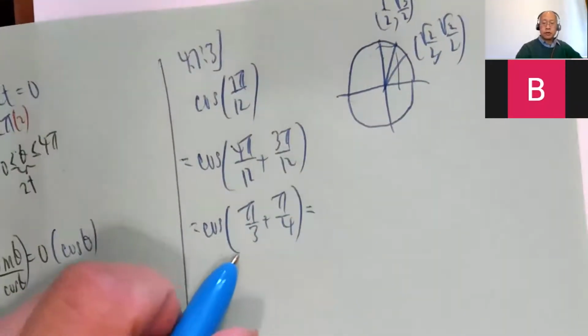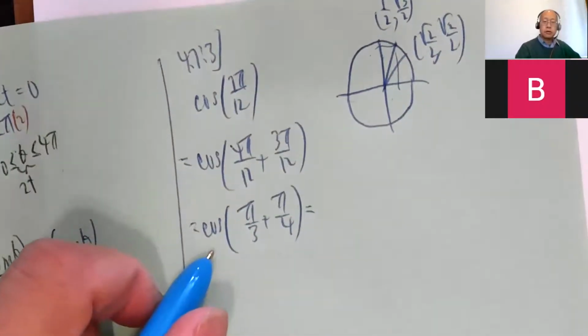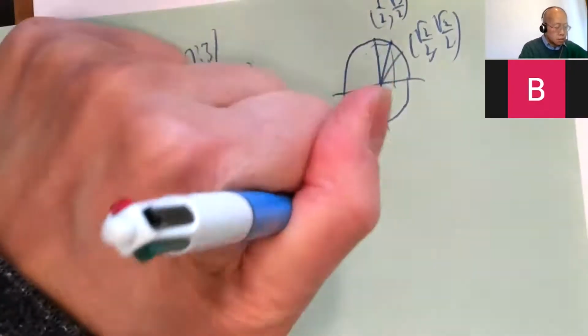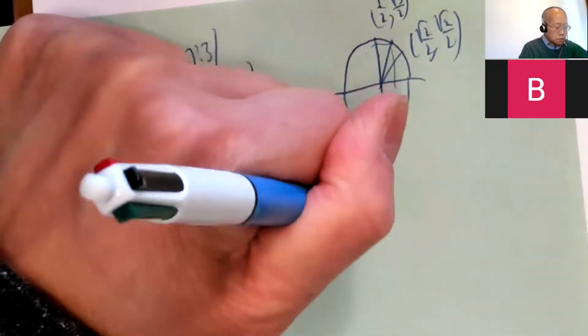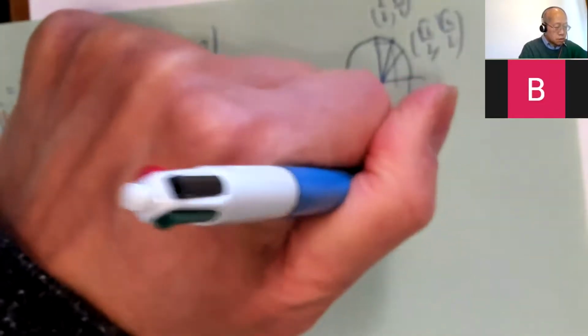And then I use the formula for the cosine of a sum. It goes cosine cosine minus sine sine.